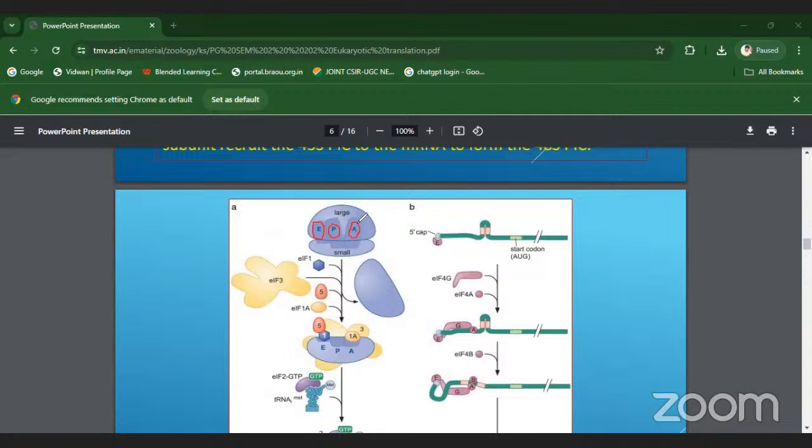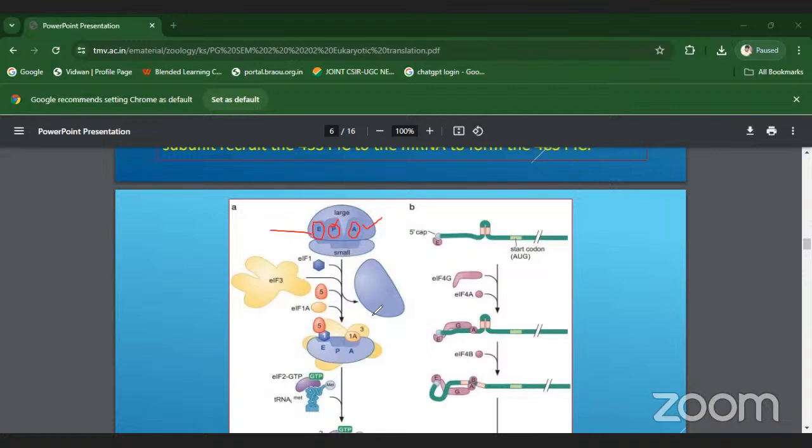Listen carefully, very, very important here. Without understanding these sites, you can't understand the translation process. Remember: E for exit site, P for peptide site, A for amino acid site. Right? Clear? Clear, sir.